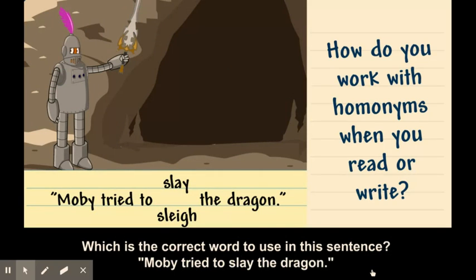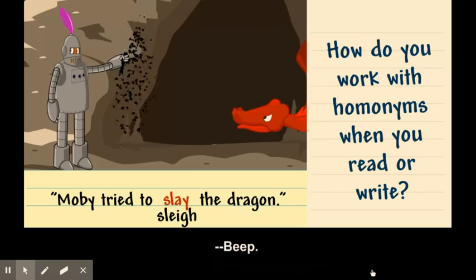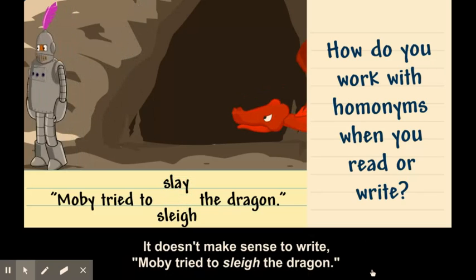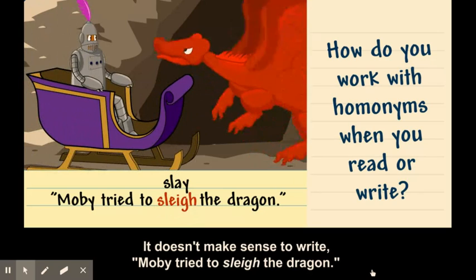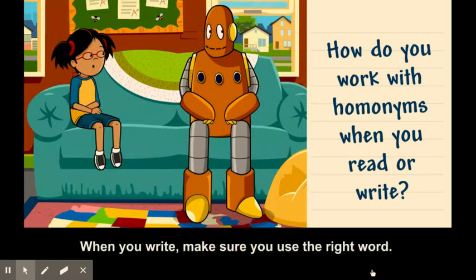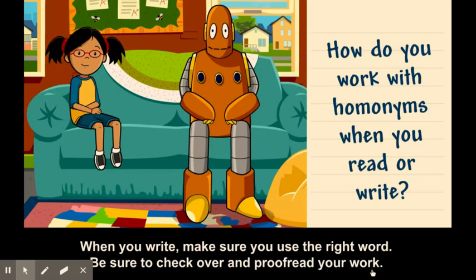Moby tried to slay the dragon. It doesn't make sense to write, Moby tried to sleigh the dragon. When you write, make sure you use the right word. Be sure to check over and proofread your work.